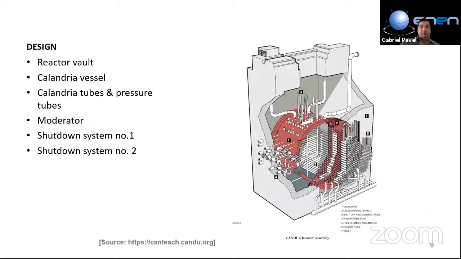From the design point of view, when you are speaking about CANDU type reactors, you can imagine a huge pipe filled with smaller pipes. That's the best way to identify a CANDU type reactor. This huge pipe is housed in the reactor vault and is called the calandria vessel.